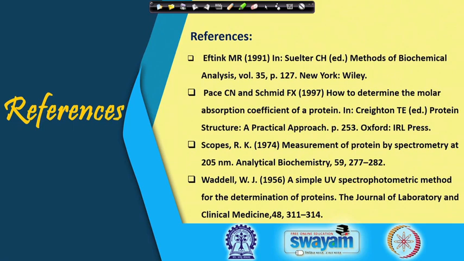These references are a bit old, but there are new books that tell you how you can determine the absorption and how it relates to the concentration of the protein. There are specific methodologies that will be used and also demonstrated to you during the course.